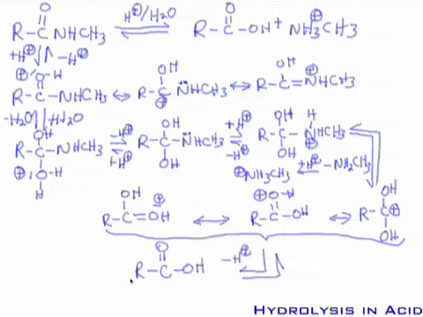So in acid we form carboxylic acid and the ammonium. So there's the ammonium cation and the carboxylic acid product. So there you have it. Amides are carboxylic acid derivatives because they reform carboxylic acid when hydrolyzed in water, either in basic or acidic conditions. Base is irreversible. Acid conditions is an equilibrium.